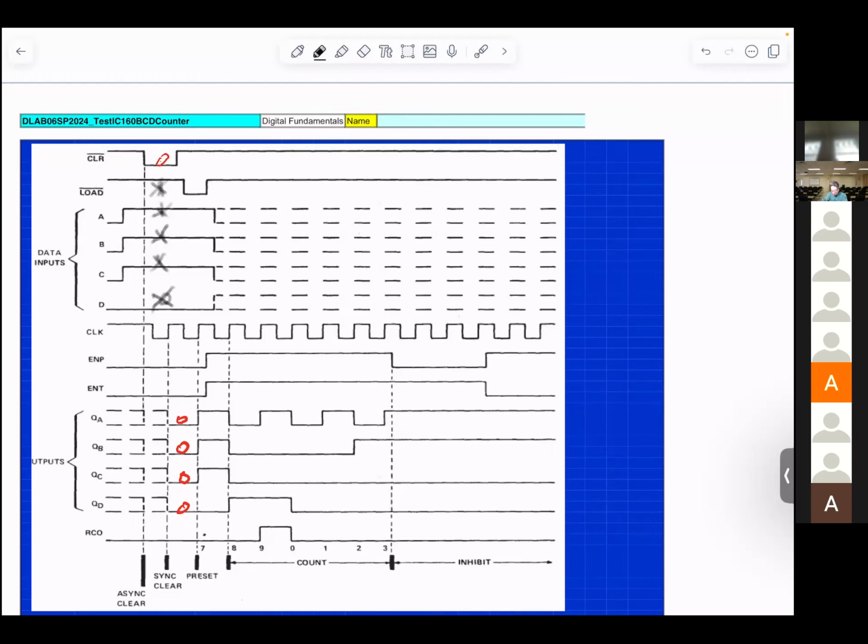Output must be 0. However, my question is, this is already going low here. How come QA, QB, QC, QD, they are still not 0? If you're looking into that one, who can tell me why?